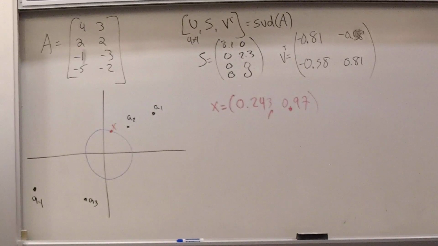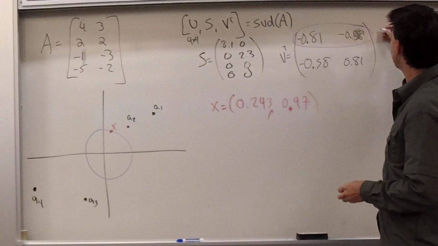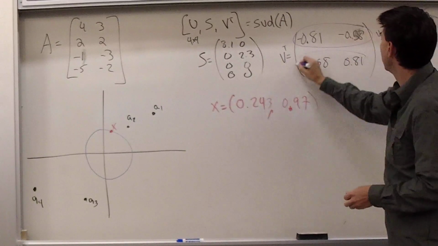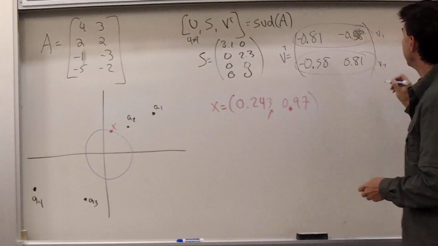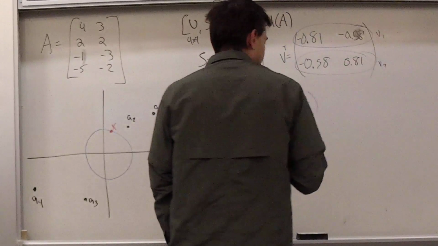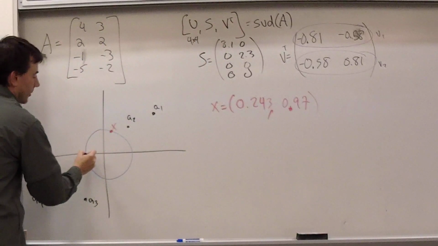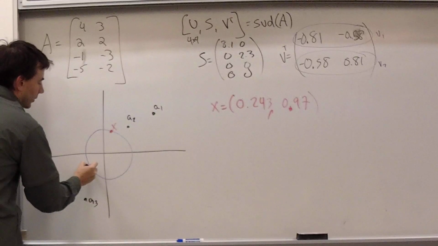Okay, next I want to draw the rows v1, v2. So v1 is going to be, let's see, minus 0.8, minus 0.6, right?